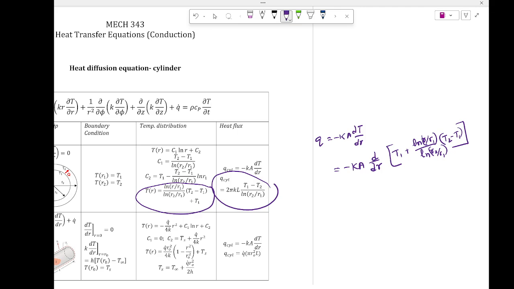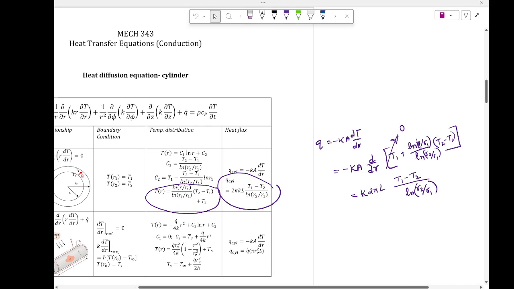Anyway, when you do the derivation, if you have this constant, this is going to go away, right? Then you come up with minus k 2 pi L (T1 minus T2). Sorry, this minus is going to go away if you have T1 minus T2, over ln of r2 over r1.